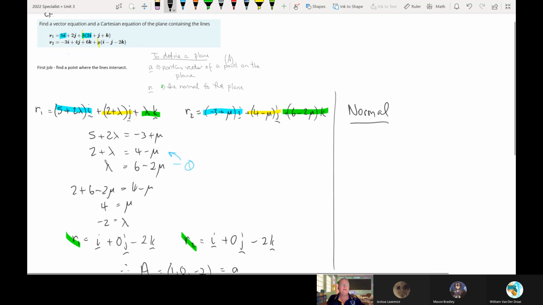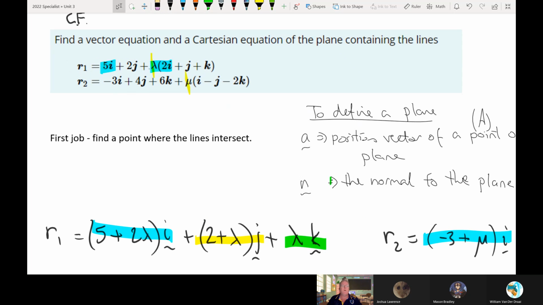Okay, so if we go back to my equation, there's my equation for one line, my equation for two lines. Now, the beauty about the way this is set out is that to find the normal, I only actually need that bit and that bit.